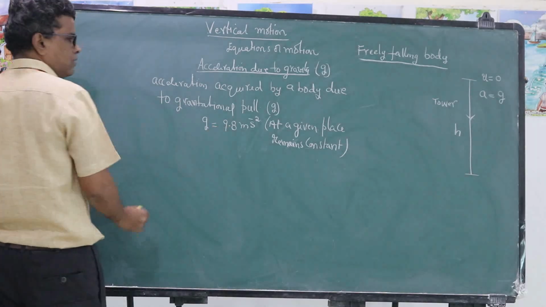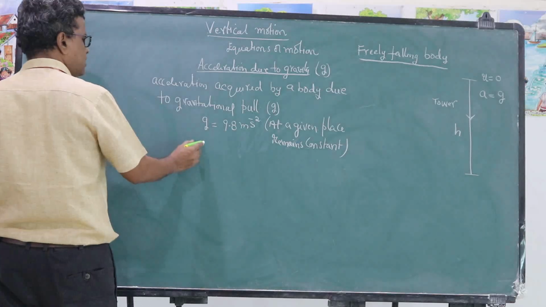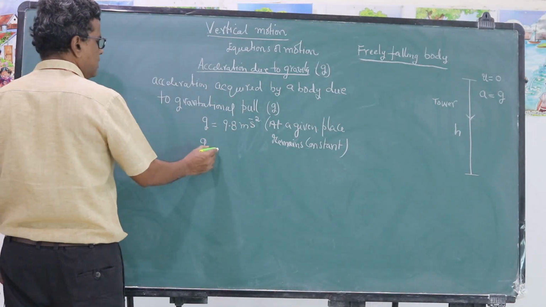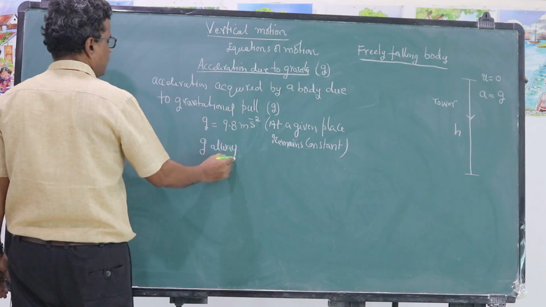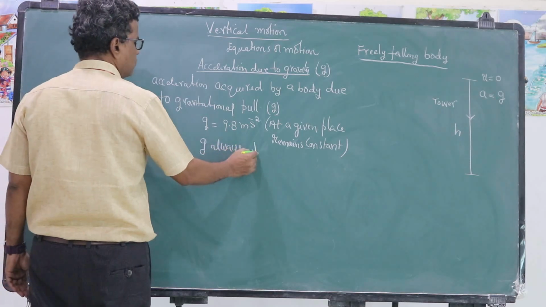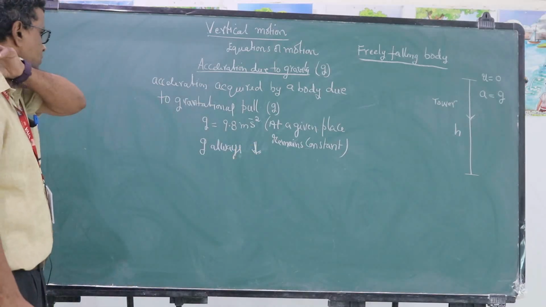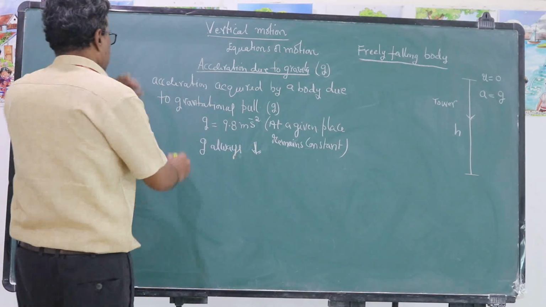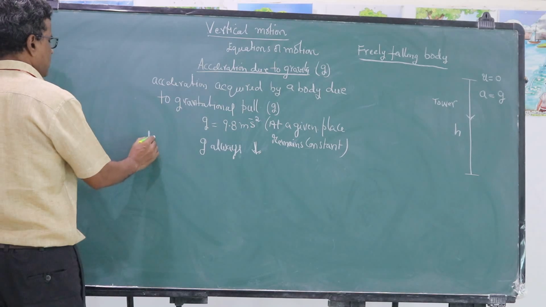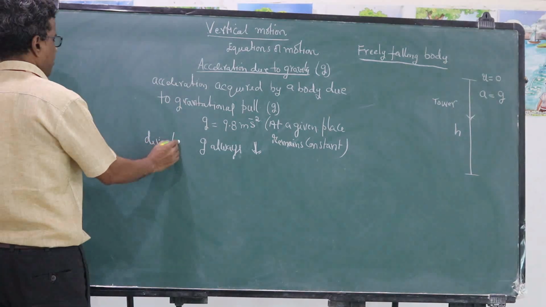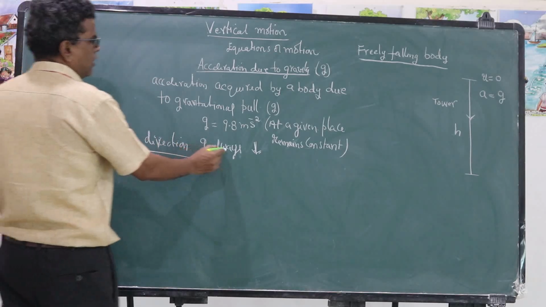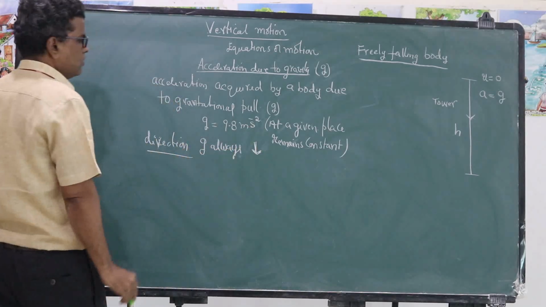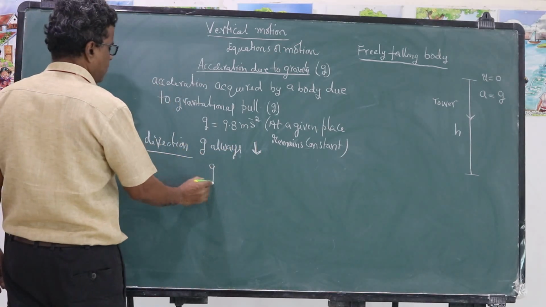What is its direction? This g is always vertically downwards. The direction of g is always vertically downwards. It is a vector quantity.